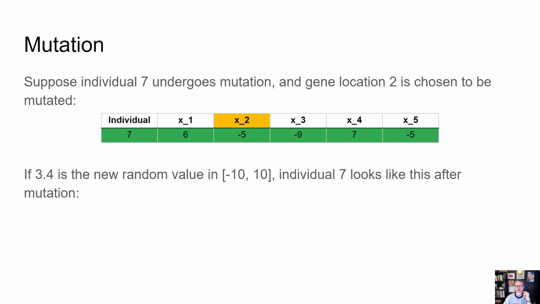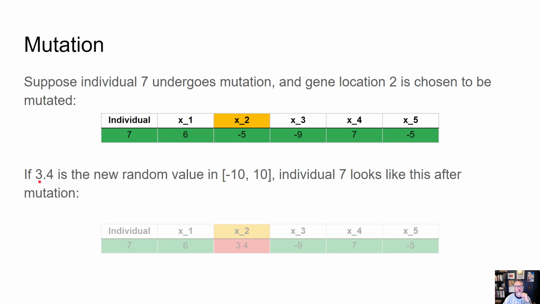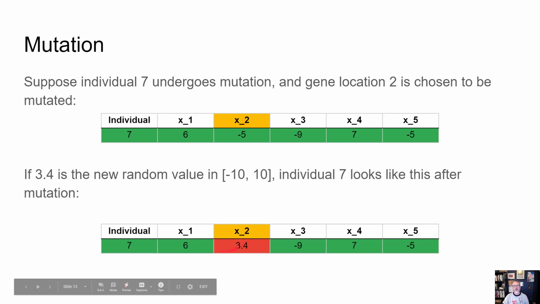Then we pick another value from the range -10 to 10. And just to illustrate, to drive home the idea that these would be doubles and not integers, I'm just going to suppose that the value is 3.4. Then that value gets changed there in the chromosome. So mutation doesn't alter an offspring, mutation alters an existing individual.